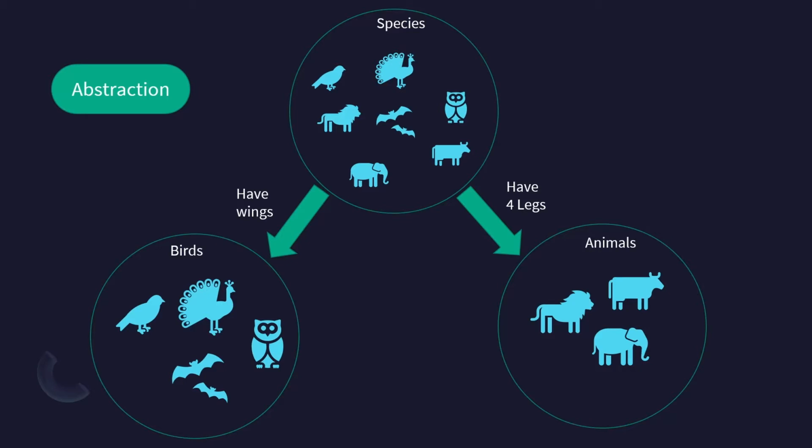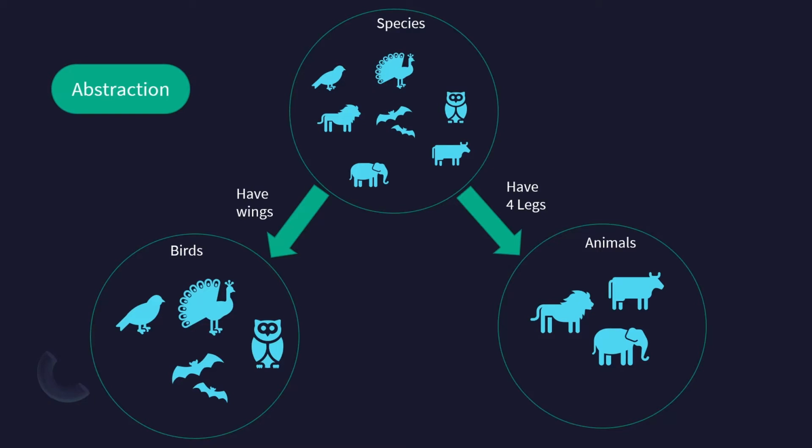Then what remains? These are all species. When you go to detail, you produce different objects. These birds and animals are children of species, or we say species abstracts away the speciesness from these animals. So species is the parent of both birds and animals.